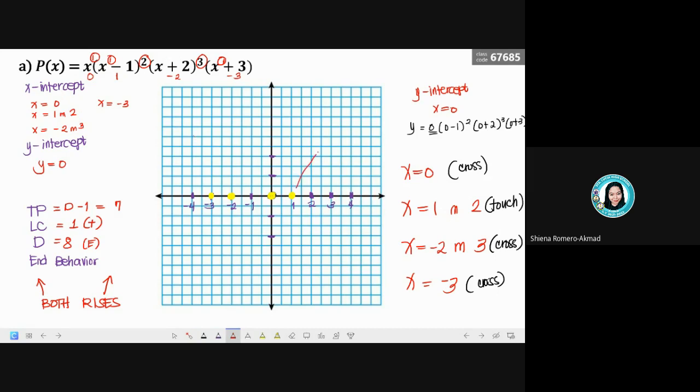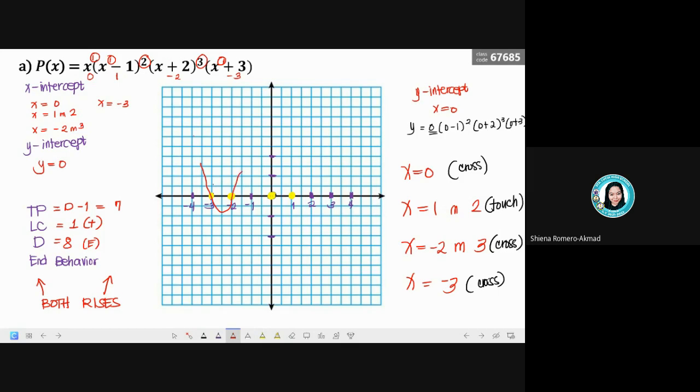Aangat. Okay? So ganyan. So sa -3, magko-cross. Burahin ko muna. Basta ganyan itsura. So sa -3, cross. Tapos sa -2, cross din. So, ganito magiging itsura niya.